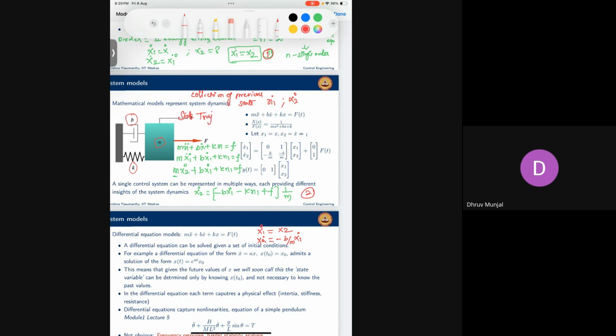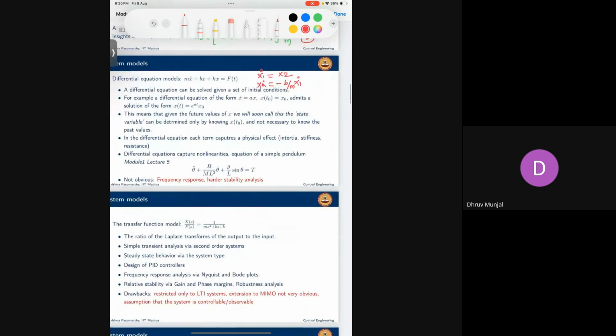For example, if you take a causal system, right, I'm writing it here. If you take a causal system, how will it be? A causal system's present output can depend on present input and previous input, right? So if there is some history of input, you have to save it somewhere.